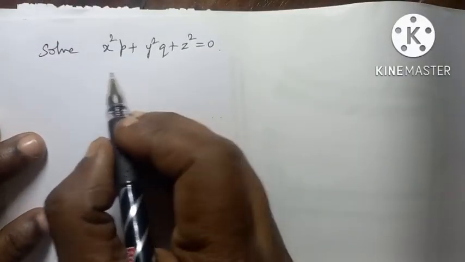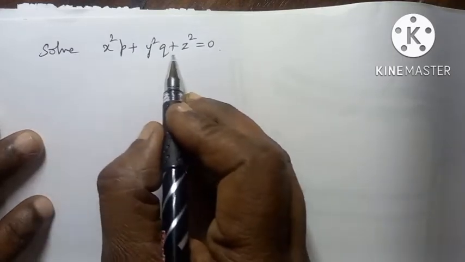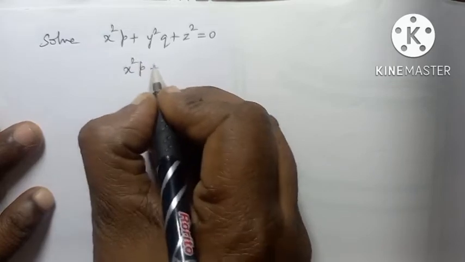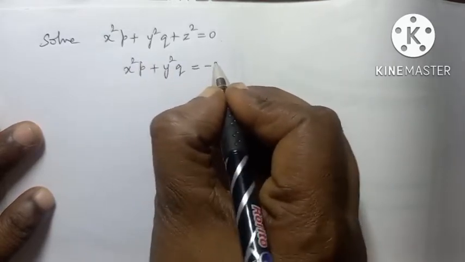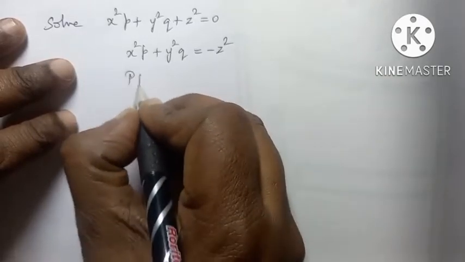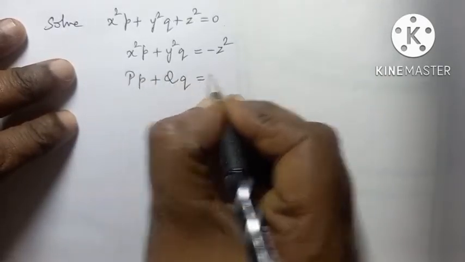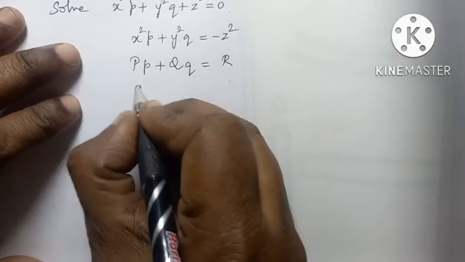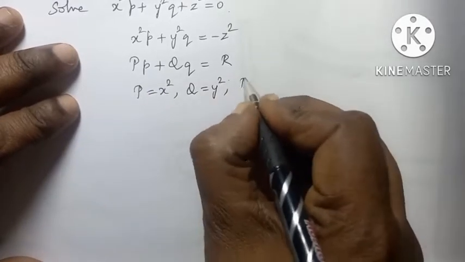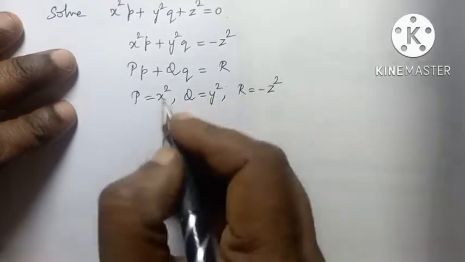Let us see the first problem. Solve x square p plus y square q plus z square equal to 0. Let us rewrite it as x square p plus y square q equal to minus z square. So it is of the form Pp plus Qq equal to R, where P is equal to x square, Q is equal to y square, R is equal to minus z square.